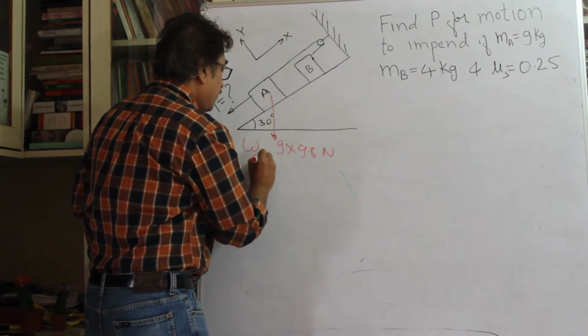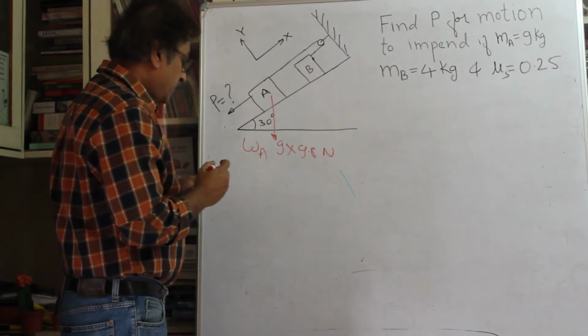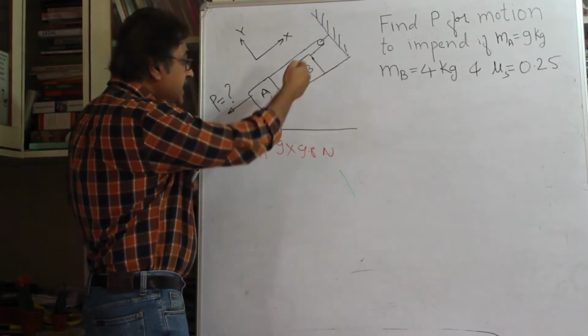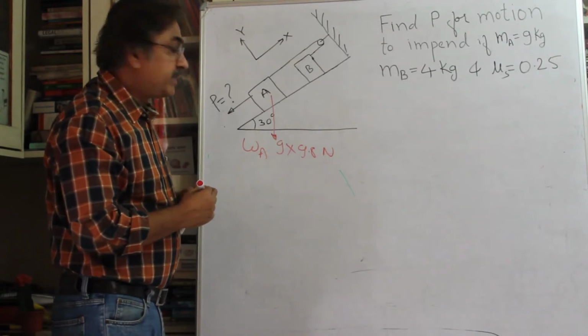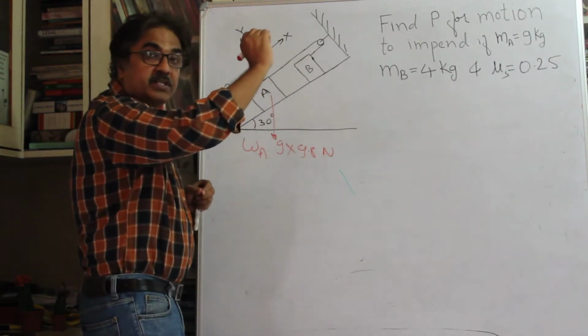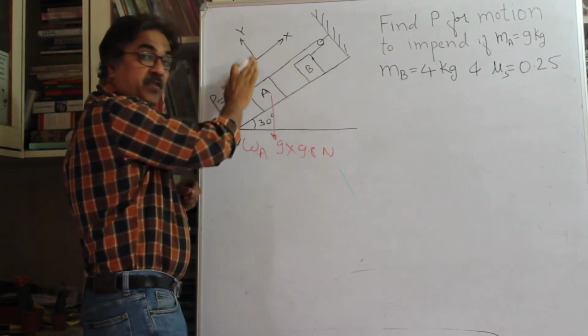So this is weight which is acting downwards. Similarly, you can think about it. This body is about to move in downward direction. That means the frictional force acting on this is going to be in opposite direction. So we are considering the effect of the contact point on A, right?